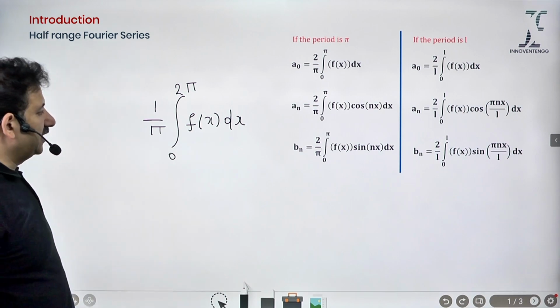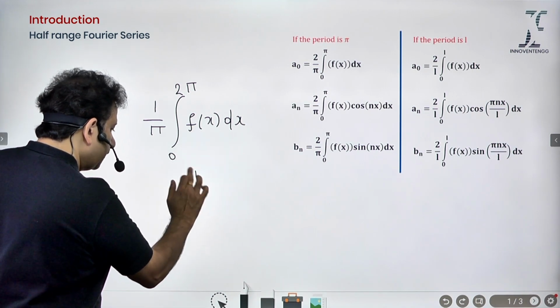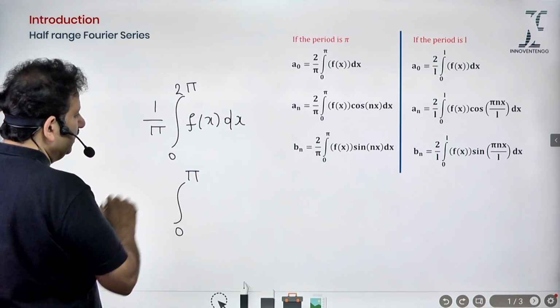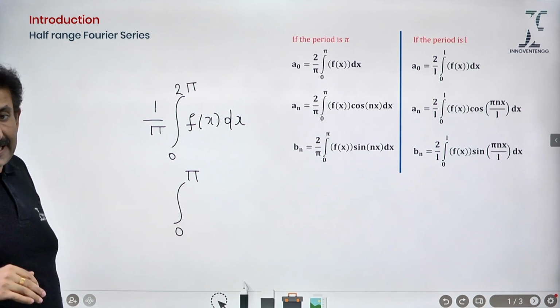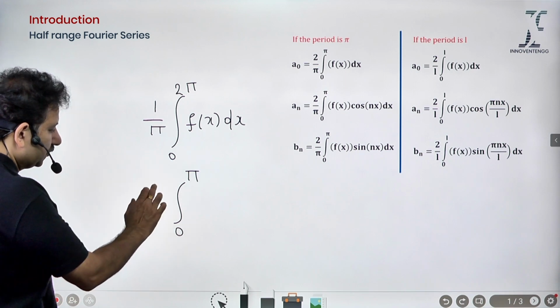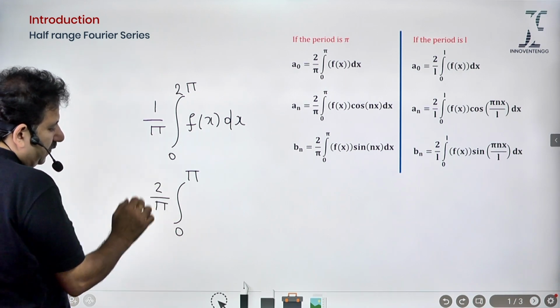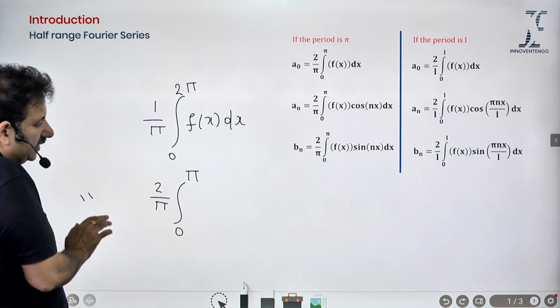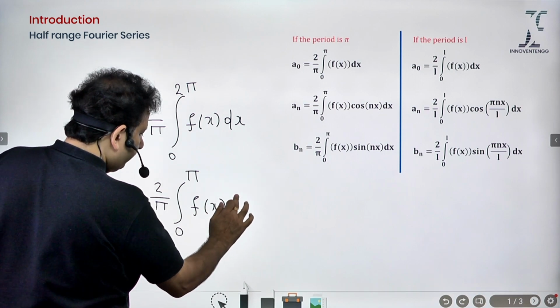But now, since you are dealing with half range, your integration limits are going to change to 0 to pi instead of 0 to 2 pi, and then this 1 by pi, which is 1 by half the period, is further reduced, so that becomes 2 by pi. It is as good as dividing this pi by 2, so that pi goes to the numerator, and you get your new formula for half range.